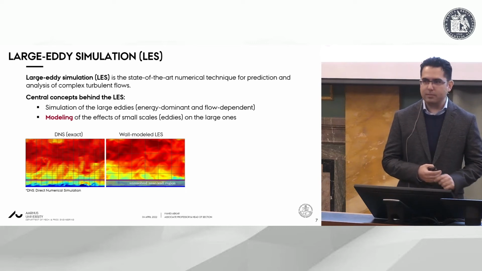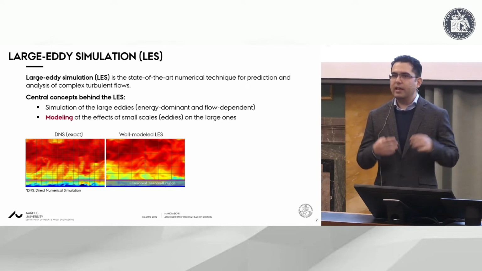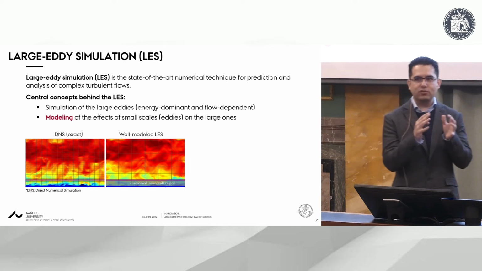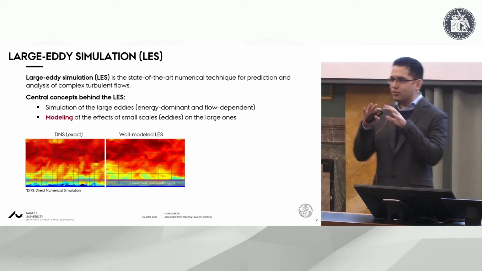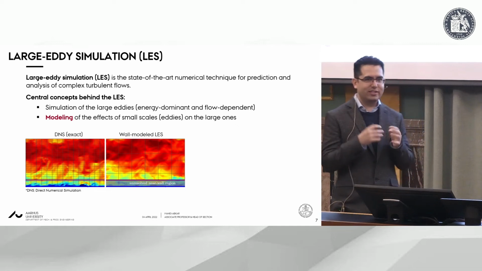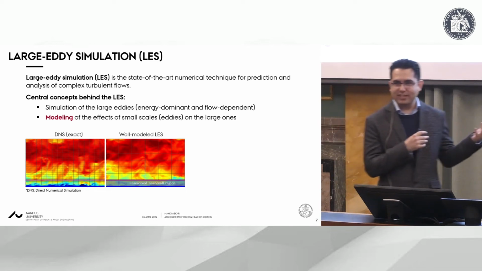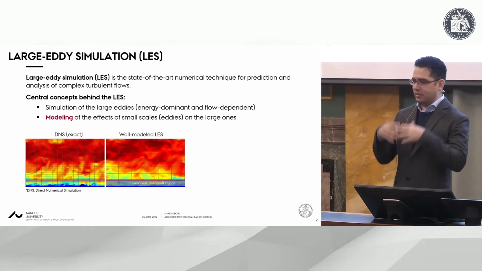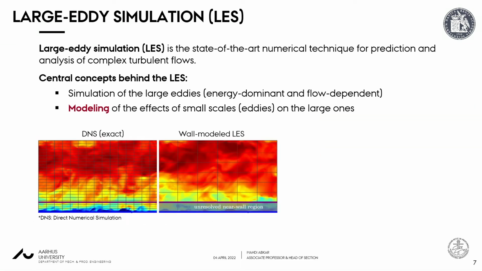And the main concept behind that is, instead of having a very, very fine resolution or very fine grid to capture all those vortical structures that I showed you from the Da Vinci sketch, we are going to use a larger grid, and we only solve or simulate the large structures, the large eddies, and we model only the small scales, everything below this computational grid. By using that, we can reduce the computational cost, and now we can solve this kind of problem.